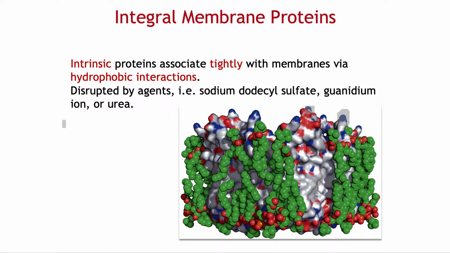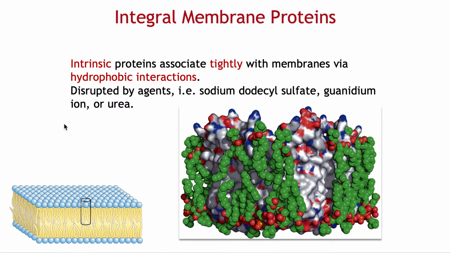So integral membrane proteins are said to be either what we call monotopic, meaning they'll only interact with one side of the bilayer, or they could be polytopic, spanning the entire membrane.